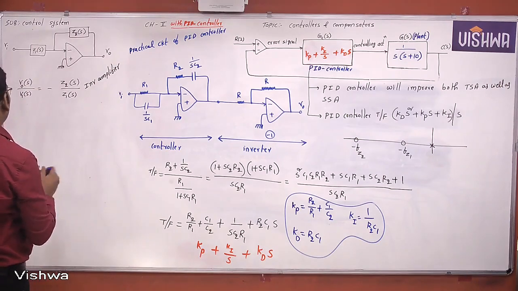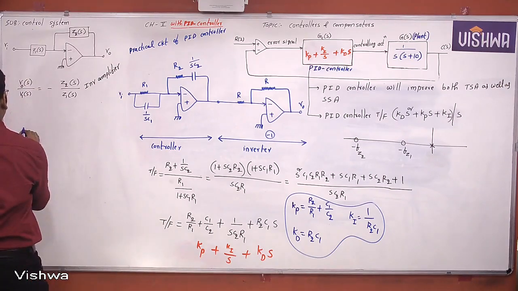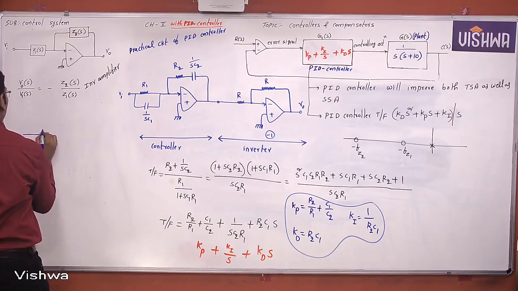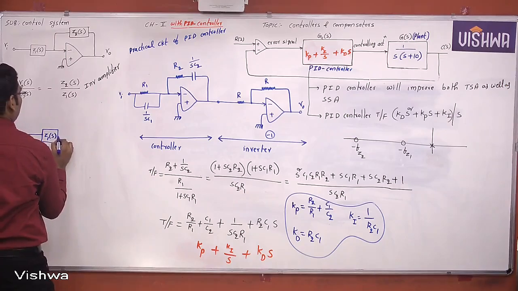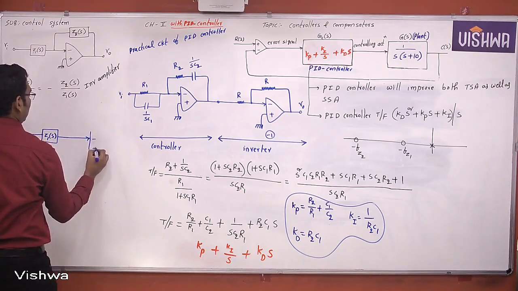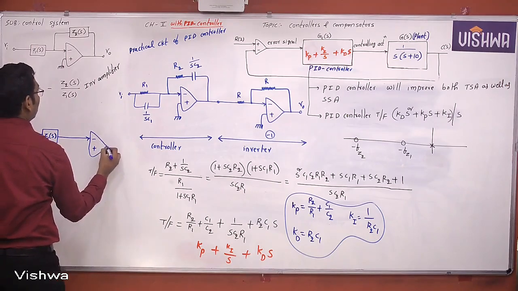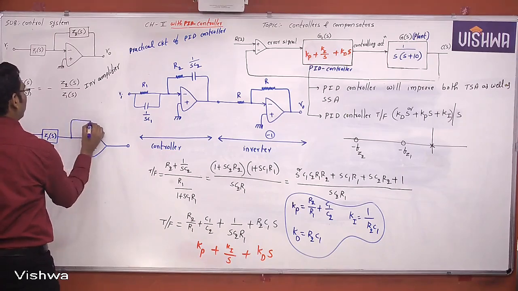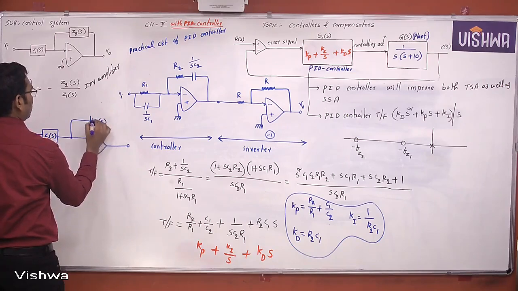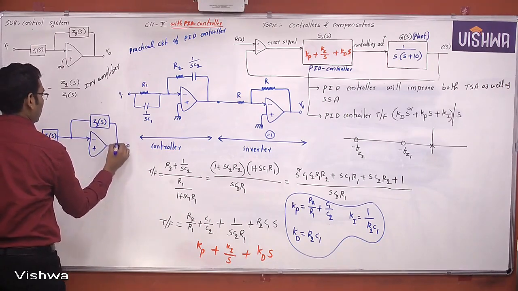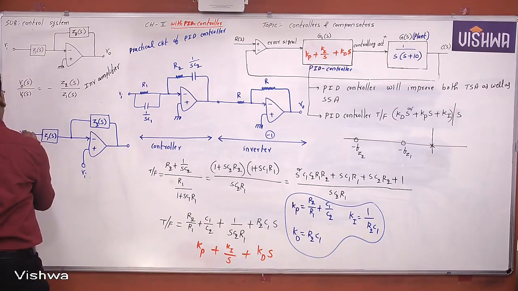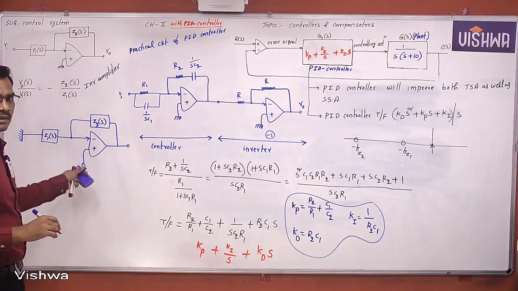Now if you see here, Z1 of S, now this is Z2 of S, but now the input is given to the non-inverting terminal.